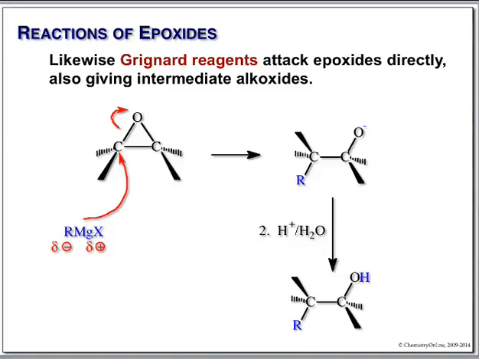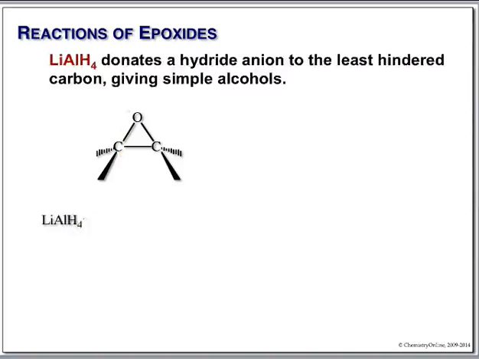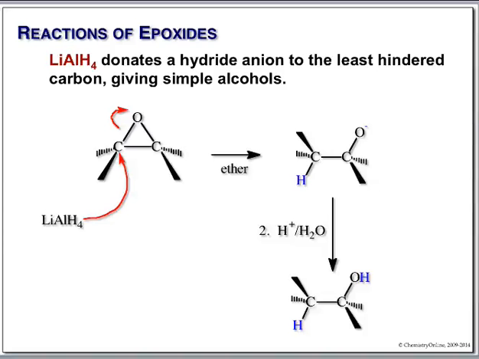Finally, just like we can add R minus, that is the Grignard, we can also add H minus from lithium aluminum hydride. The reaction is exactly the same. H minus is going to attack, the ring is going to open. We form the alkoxide, work it up with aqueous acid, and we've made the alcohol.